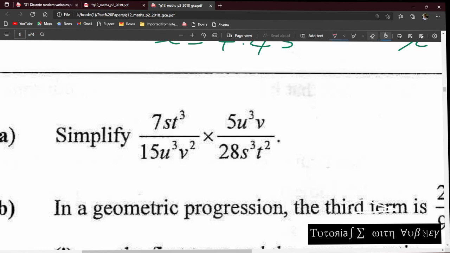And simplifying across, what I mean is that this can simplify with that, and that can simplify with that. So we see that 5 there can go into 15. Okay, and 5 into 5, that is 1. 5 into 15, that is 3.